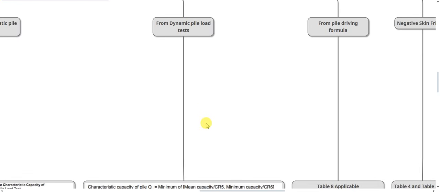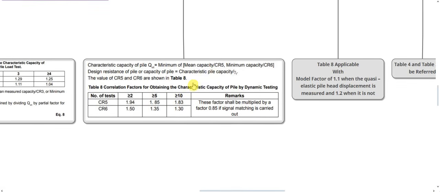Again, in our next method, that is from dynamic pile load test, we have a very similar methodology. We have correlation factors CR4, CR5 and CR6, and we get the characteristic capacity of pile QUC, which is equal to the minimum of the mean capacity divided by CR5 or the minimum capacity divided by CR6.